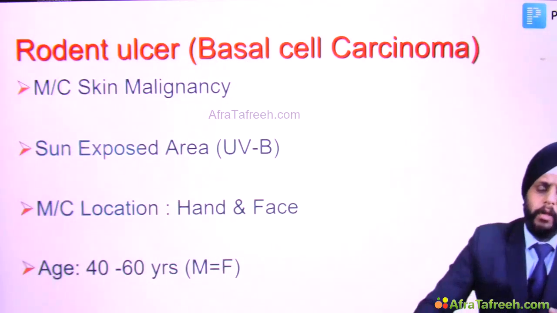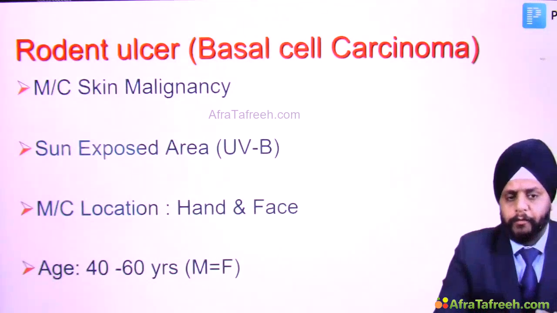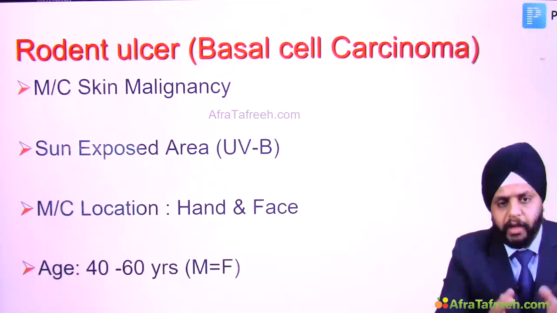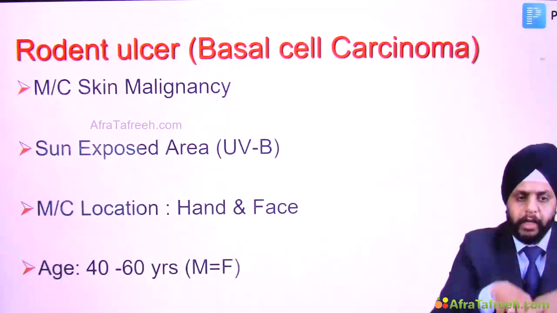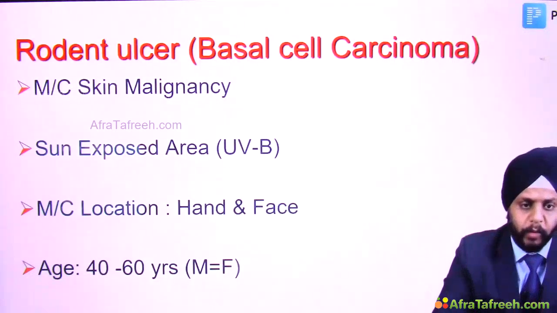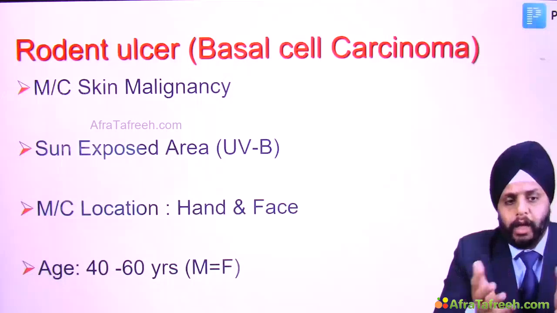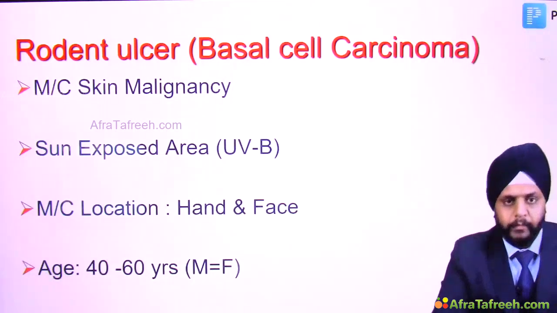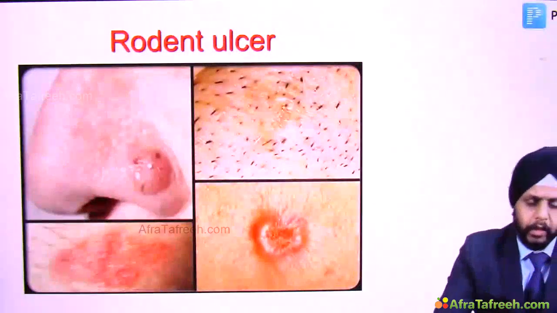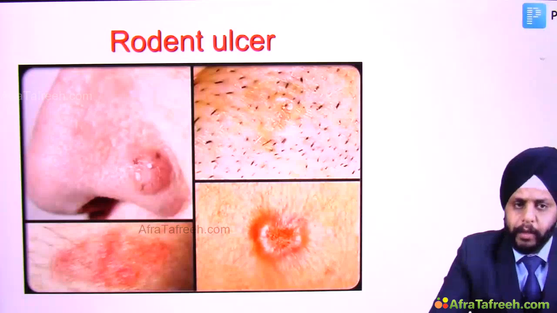You see, the name rodent came from the phenomenon that rather than spreading superficially, more will go inside. Okay, so the invasion into the tissue will be more than what is visible on the outside. So that is why it is known as rodent ulcer. Okay, now suppose a patient comes to you. How can the patient present?